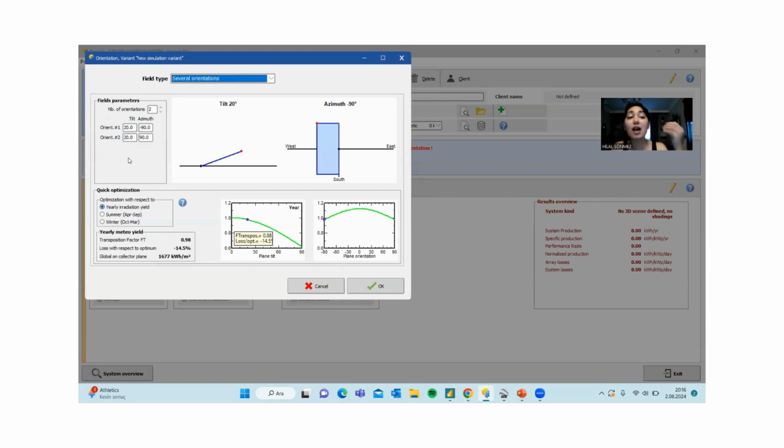It asks us what the tilt and azimuth values are for orientation 1, tilt 1, and orientation 2, tilt 2. What are the tilt and azimuth values of these two sides of the roof?